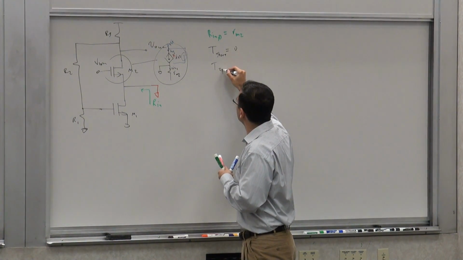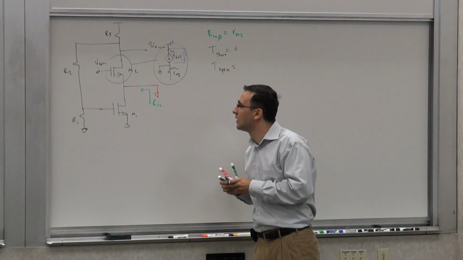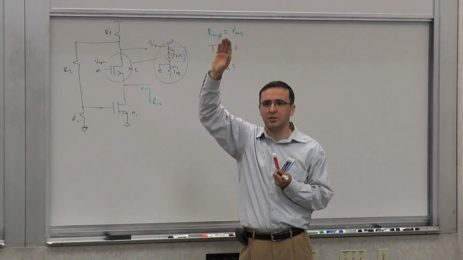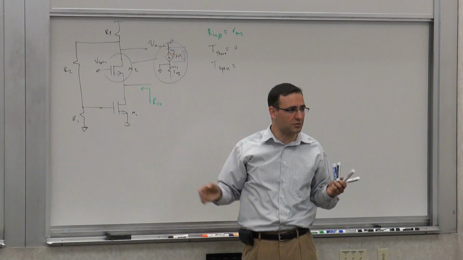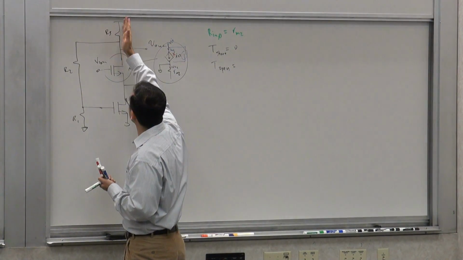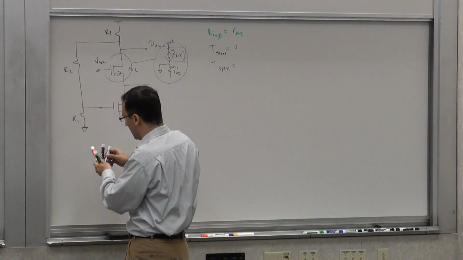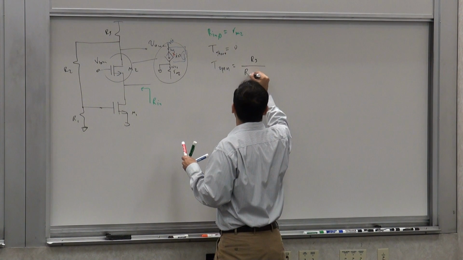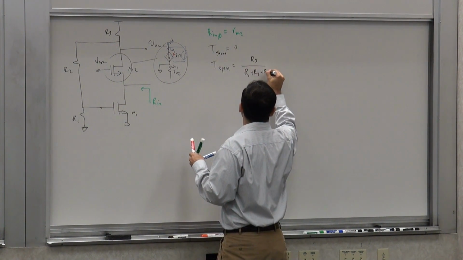What is T open? When this port is open, this is the regular return ratio that we calculated before. So if you've done that, we can reuse the result. If you haven't, you can just remember it and redo it again. So this is IX, current divided between R3 and R2 and R1. So basically I have R3 divided by R1 plus R2 plus R3.